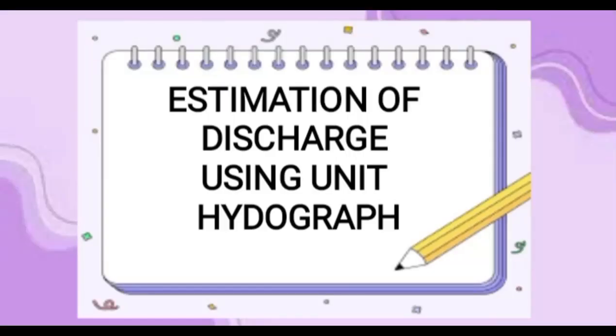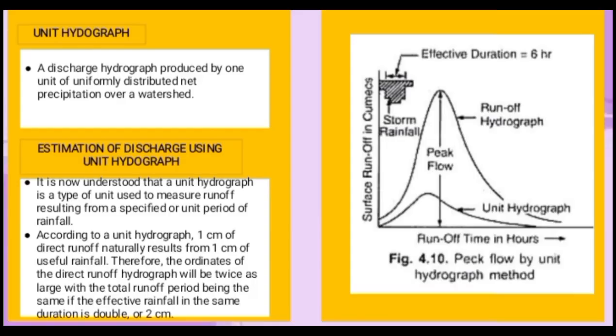Estimation of discharge using unit hydrograph. What is a unit hydrograph? A discharge hydrograph produced by one unit of uniformly distributed net precipitation over a watershed. It is a type of unit used to measure runoff resulting from a specified or unit period of rainfall.